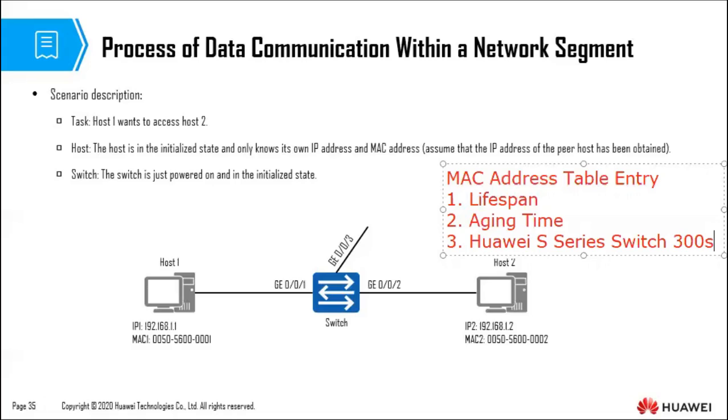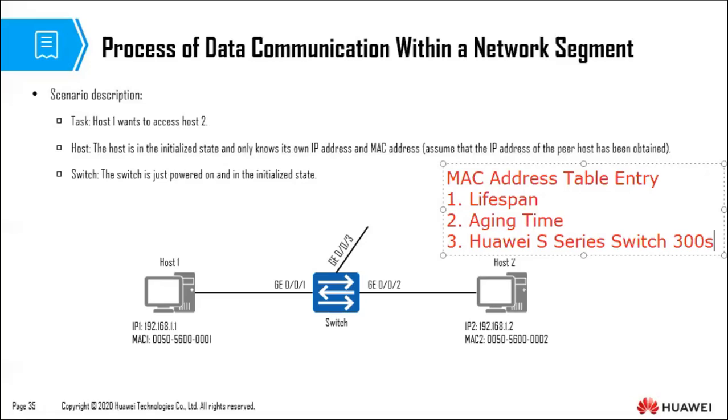Now, that is just one instance in which the MAC address entry is deleted. The other instance is when you disconnect a device. When you disconnect a device from a switch interface, the switch will detect that the interface physical status has transitioned from up to down.